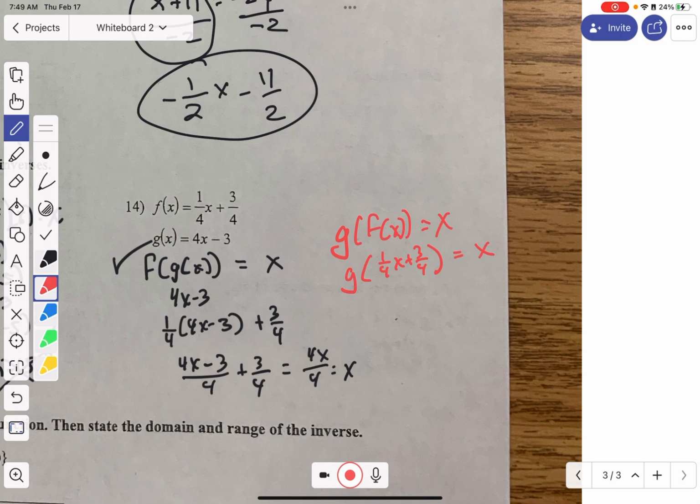So in the g function, which is 4x minus 3, anywhere I see an x, I'm going to replace it with 1/4 x plus 3/4, minus 3. So 4 times a fourth is just x. 4 times 3/4 is 3. So that's x as well. So it works. So the answer for this one is yes.